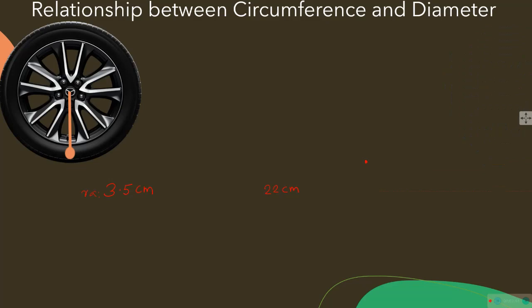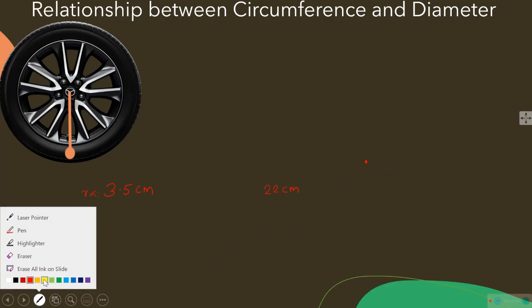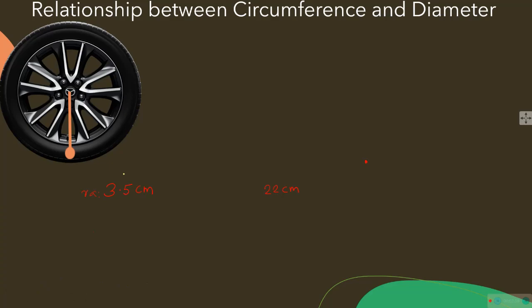From that I can think about the relationship between the radius and the circumference. Let me write over here: when radius is 3.5 centimeter, the circumference C is equal to 22 centimeter.